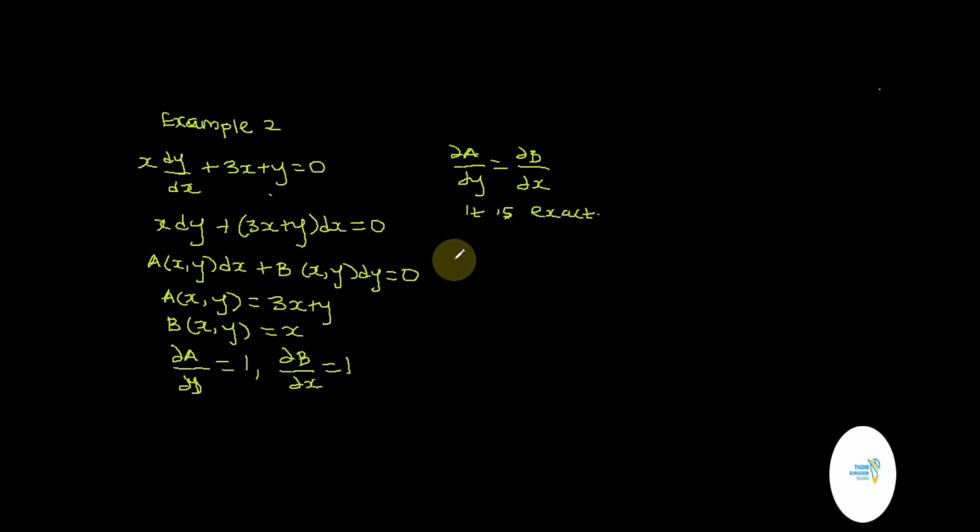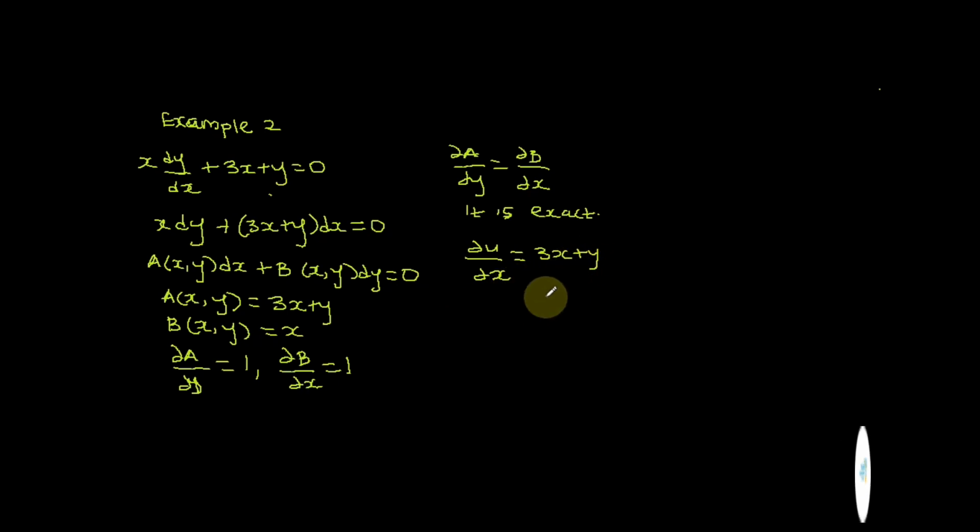Now to find the function u of x, we know that ∂u/∂x is equal to 3x plus y. So we'll cross multiply here and we have ∂u to be equal to (3x plus y) dx.